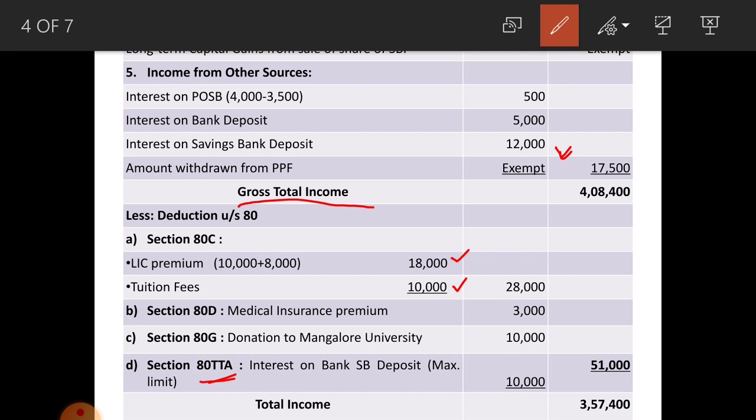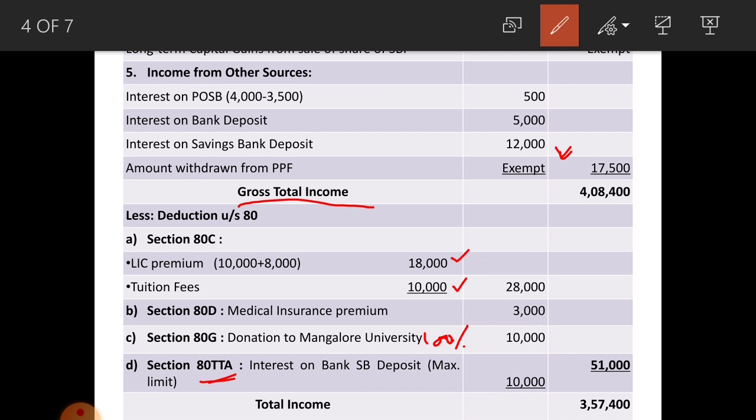Second one, section 80D, medical insurance premium paid 3,000. And next one, section 80G, donation to Mangalore University. If you want, inside the bracket write down without limit, 100% deduction. Okay, 100% and without limit, 10,000.